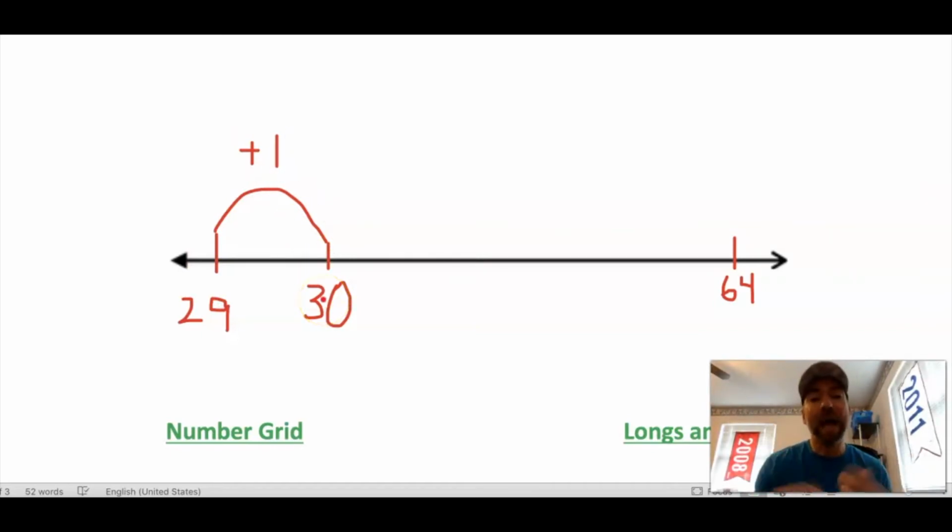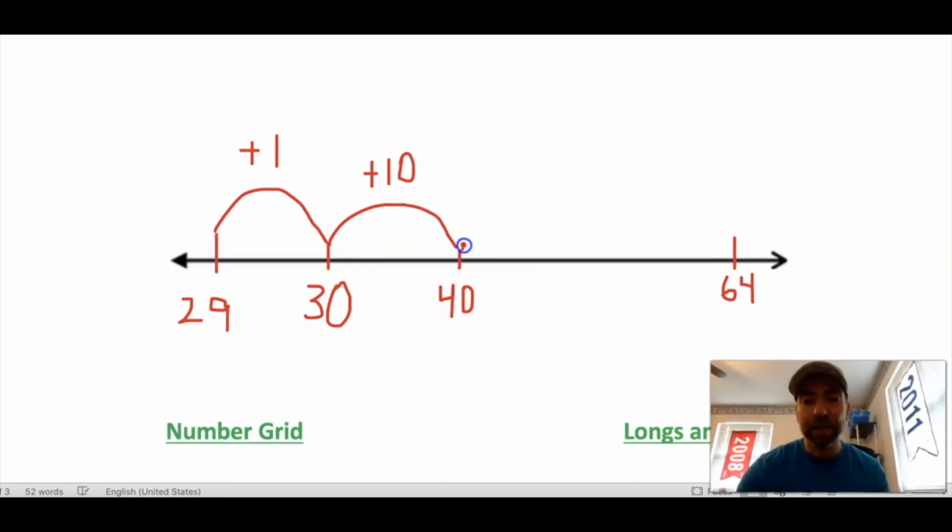Now I like to count by tens. Well, let me add another 10. 30 plus 10 takes me to 40. I'm going to add another 10. 40 plus 10 takes me to 50.